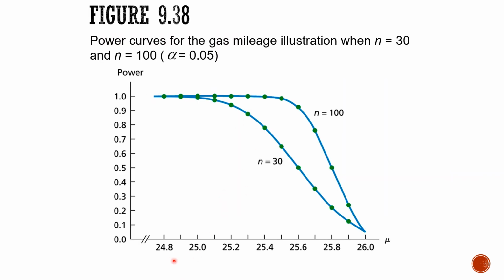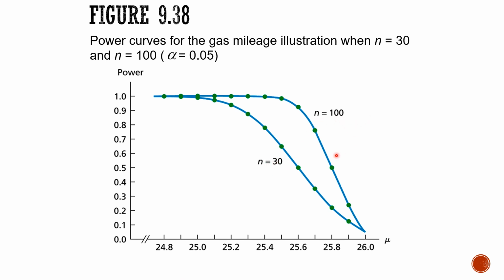So over here, as you can see in the diagram, on the x-axis we have all the different alternate mean values, from lowest to highest: 24.8, 25, 25.2, 25.4, 25.6, 25.8, all the way to 26, and these are for different sample sizes, n equals 30 and n equals 100.